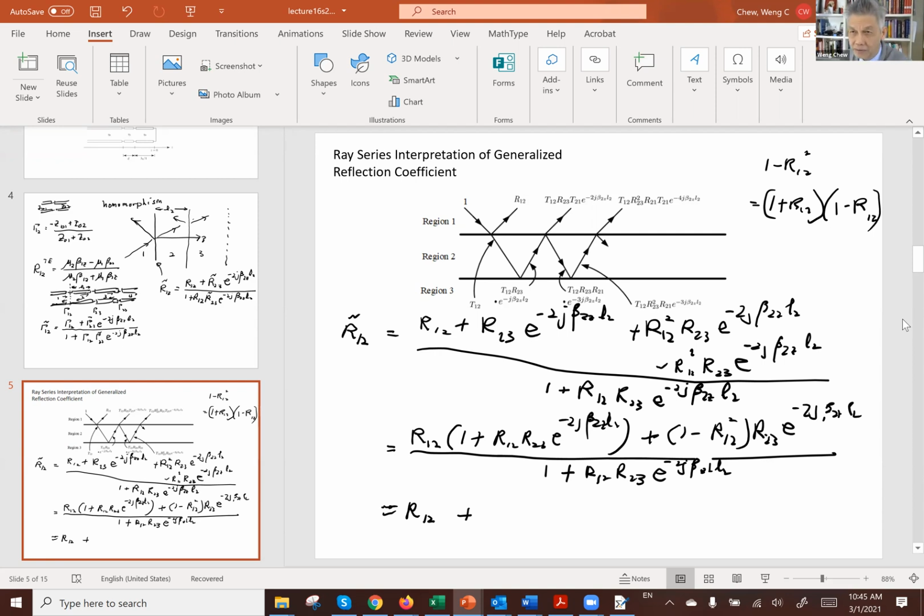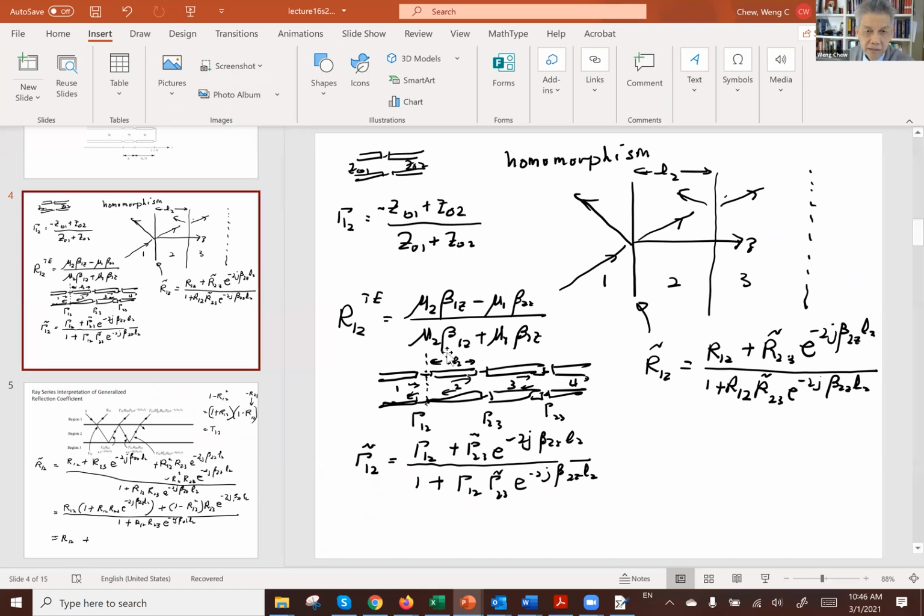And I also use the fact that if you look at the Fresnel reflection coefficient, I can write this as T12. Okay. But this is actually minus R21. Okay, I can use the property of the Fresnel reflection coefficient if you go back and look at them again.